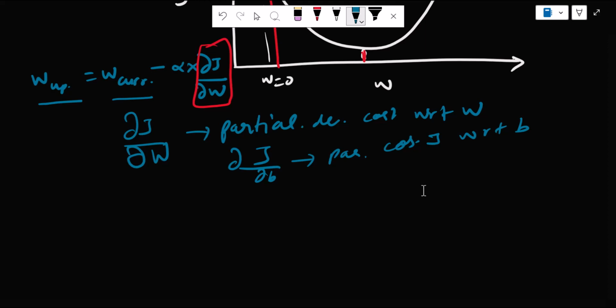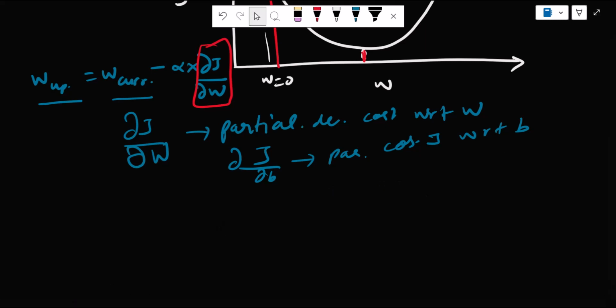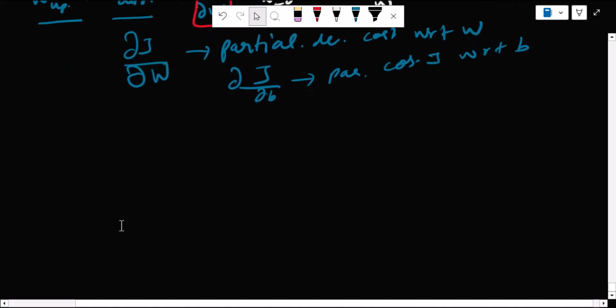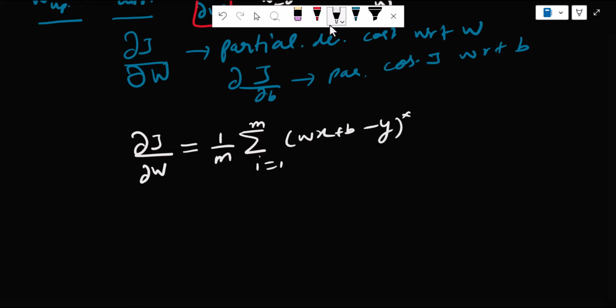We have to keep this equation in mind for now, and if you want to dive deep you can explore how we arrive at it, but let's keep it simple. dJ by dw, which is the rate of change of the cost function with respect to the weight of a feature, is given by 1 upon m, the number of observations, summation of the predicted value y hat minus the actual value, times x, the independent variable.